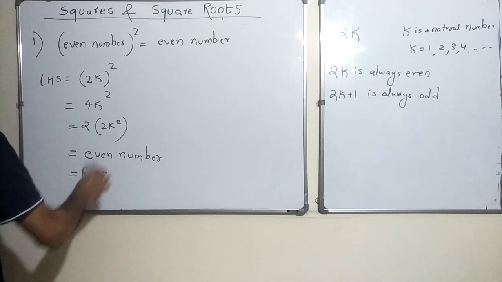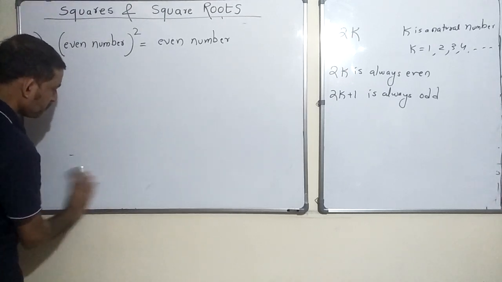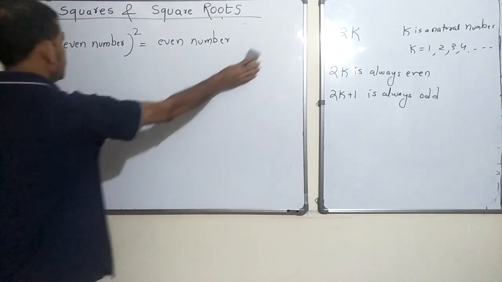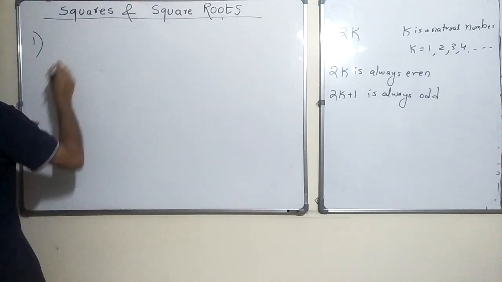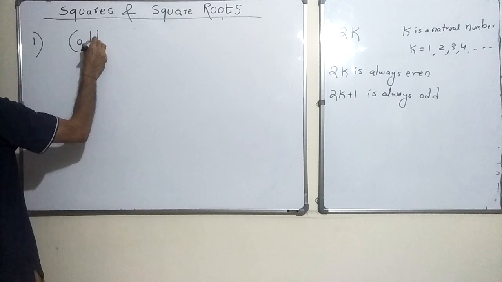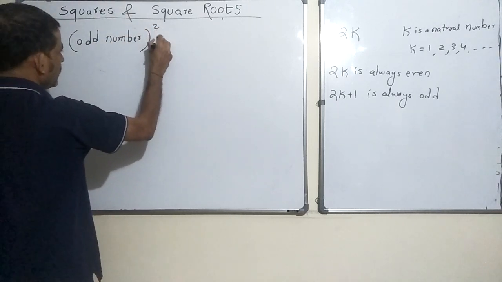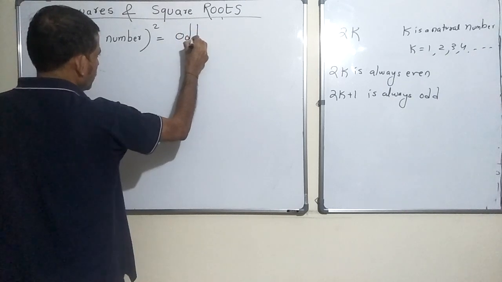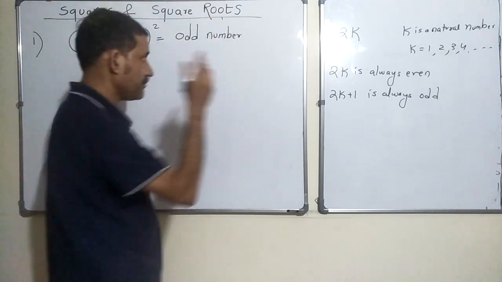All right. Now the second property or point to remember is: the square of an odd number is an odd number. If you want, you can take a few examples.